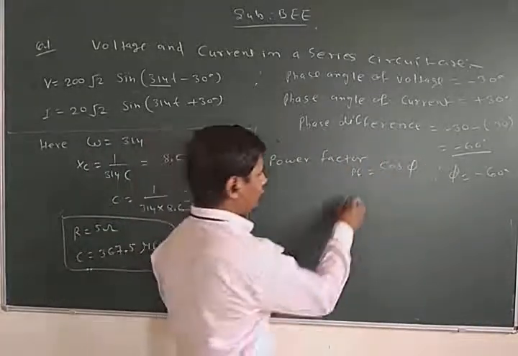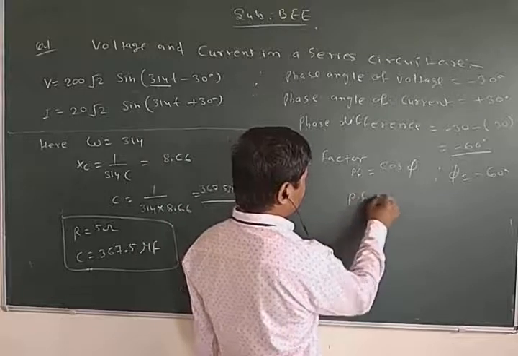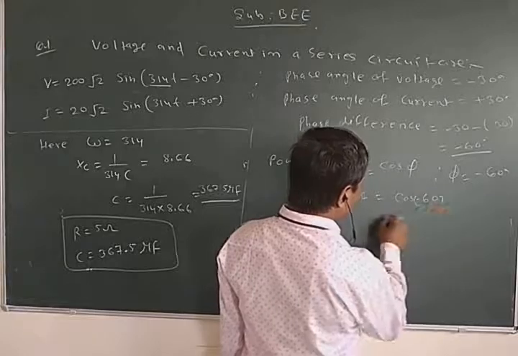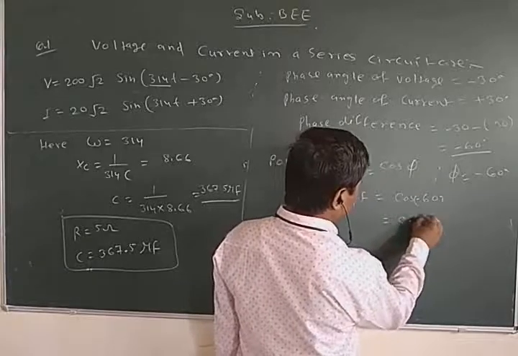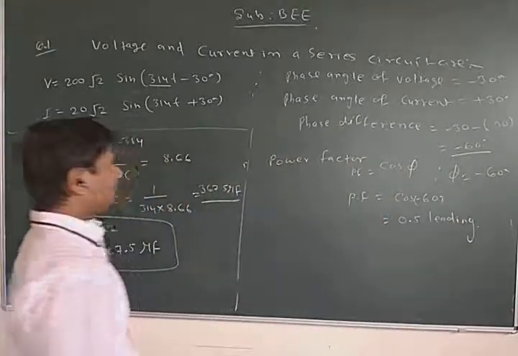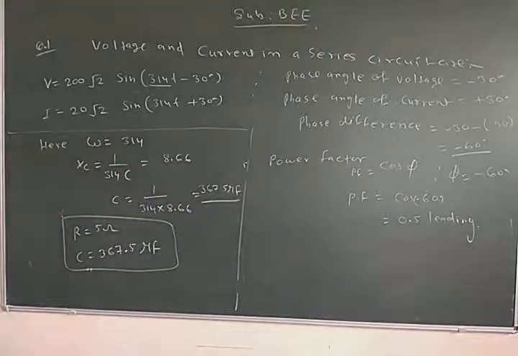So power factor is equal to cos minus 60 degree, which is equal to 0.5 leading. This is the power factor of the RC series circuit, that is 0.5 leading.